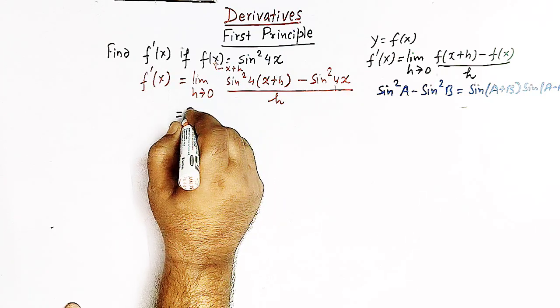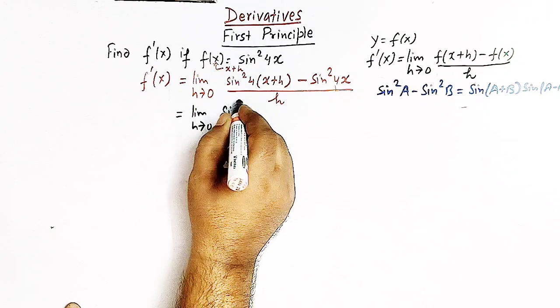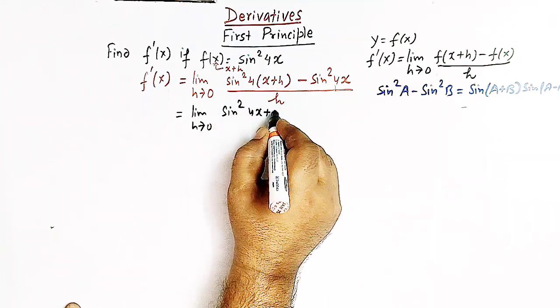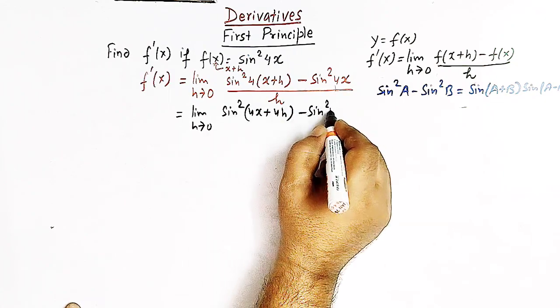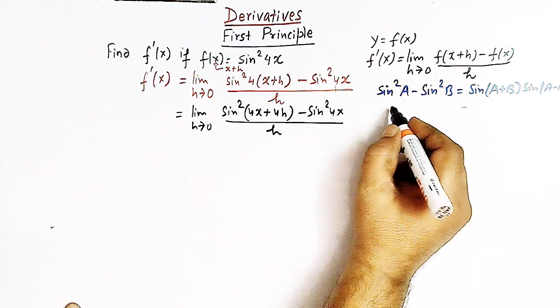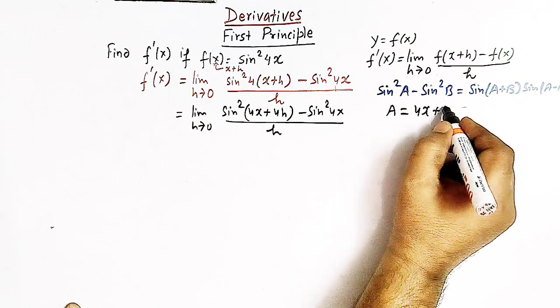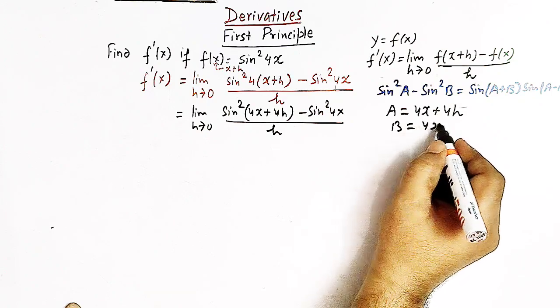So we have a limit h tends to 0 sine square, and here first we can write 4x plus 4h, and here we have sine square 4x divided by h. So now here a is equal to 4x plus 4h, and b is simply 4x.